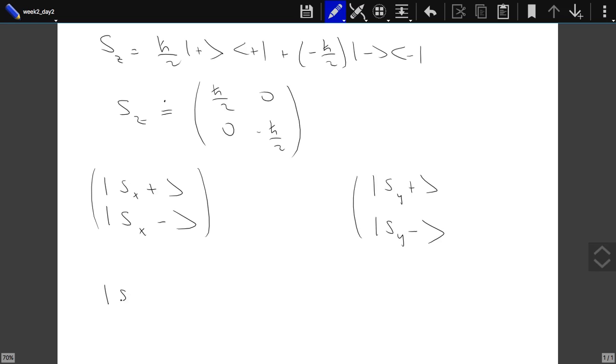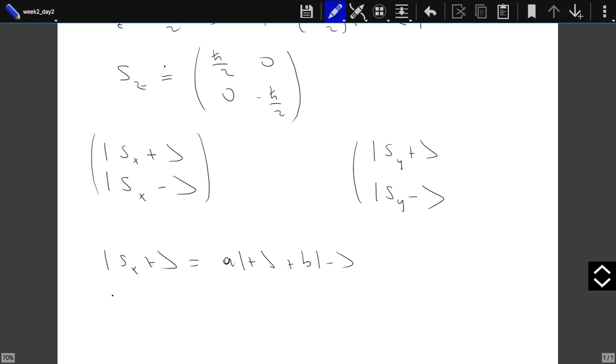So this Sx plus will be equal to, let's say, A plus plus B minus, and Sx minus will be some C plus plus D minus state. Of course, we also need to give some interpretation to these coefficients A's and B's.